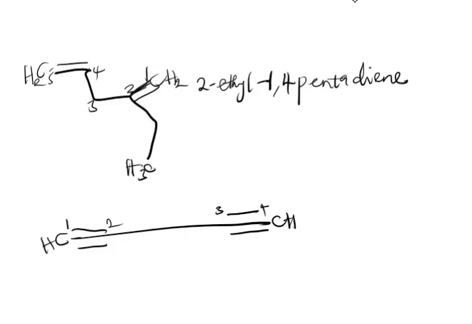So this will be 1,3. So what's this structure? This is a 4-carbon compound, and the prefix should be but. So this should now be butadiyne. So this compound becomes 1,3-butadiyne. All right.